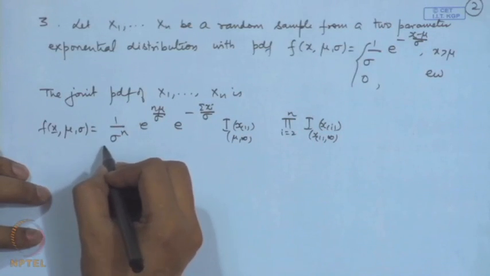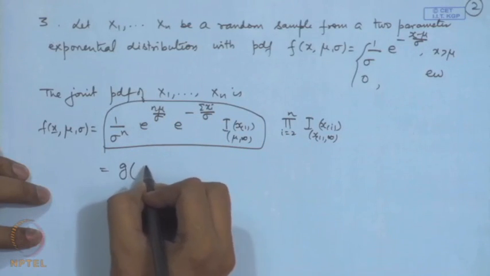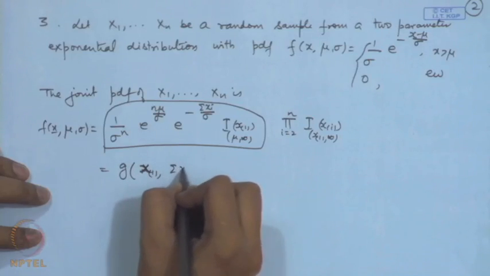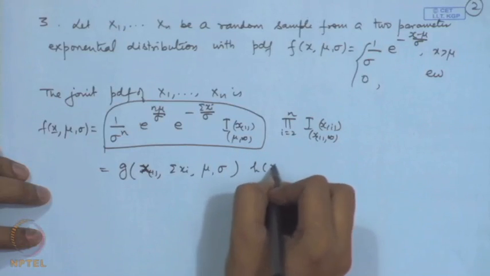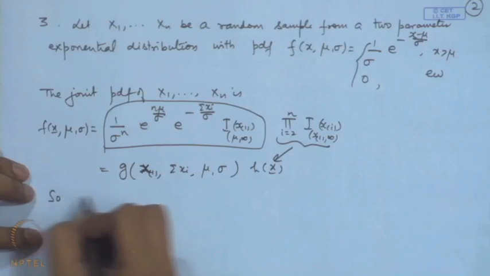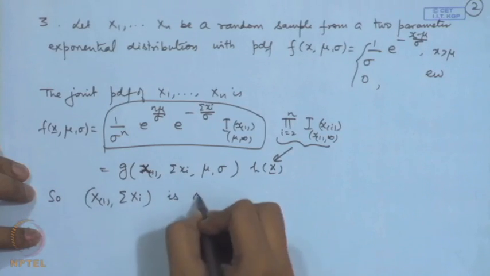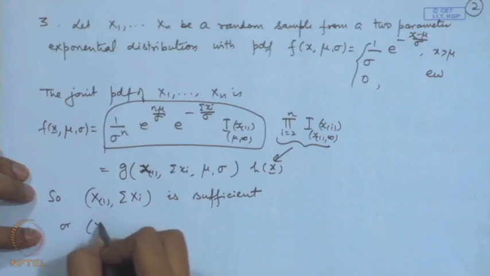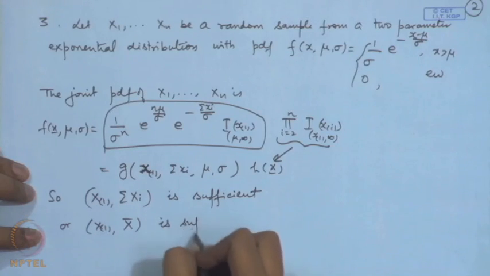So, this portion I can write as g of X(1), sigma xi and mu, sigma, and this part is h(x). So, here we conclude that X(1) and sigma xi is sufficient, or we can also say X(1) and X bar, because this is a 1 to 1 function of it, is sufficient.